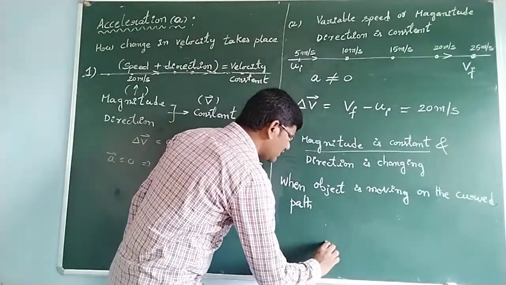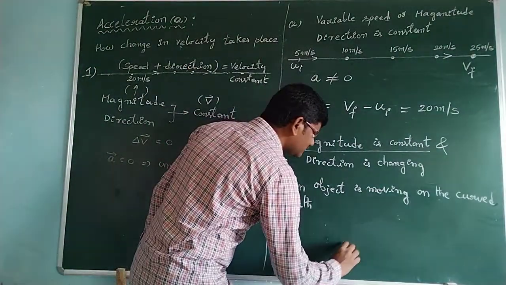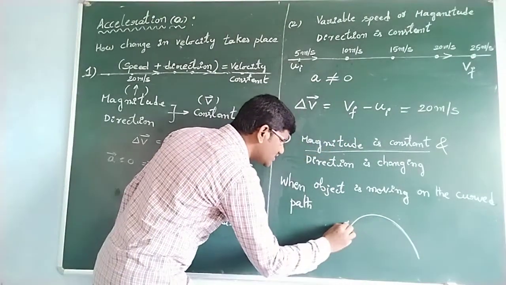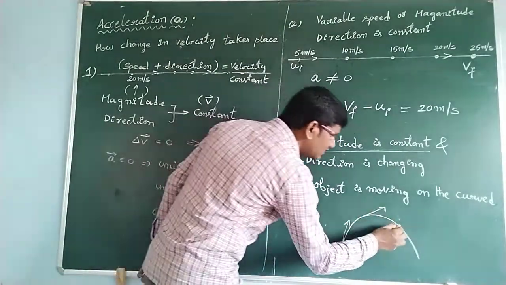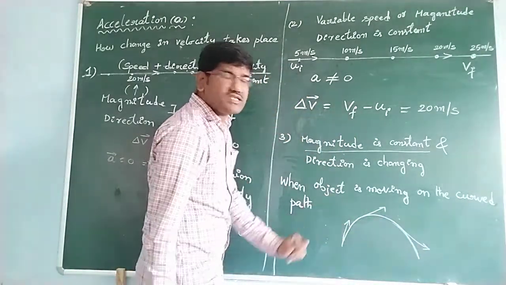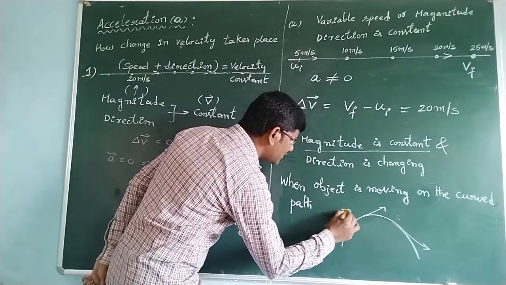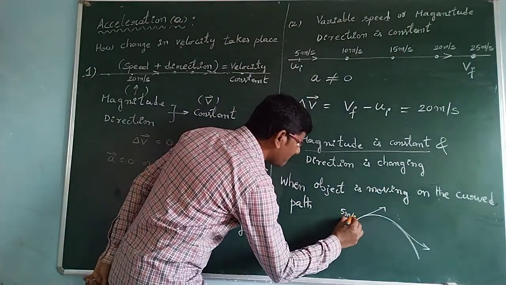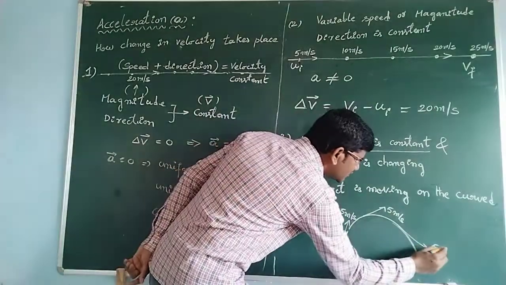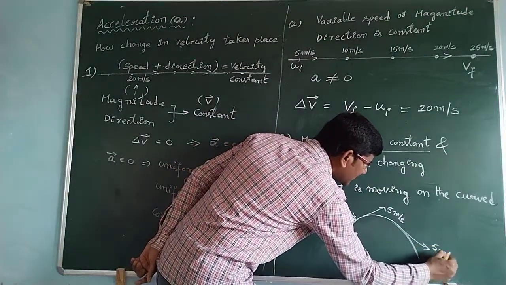So see, on this curved path it is moving. Here the direction is tangent, here the direction is tangent, here the direction is tangent. So the direction alone changes without changing the magnitude. You take your speed as 5 meters per second, and here also take it 5 meters per second, and here also take it 5 meters per second.